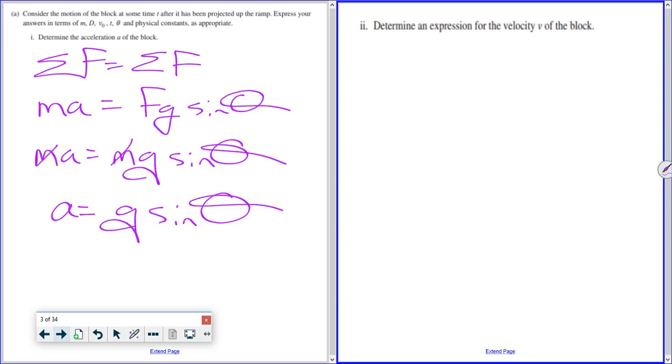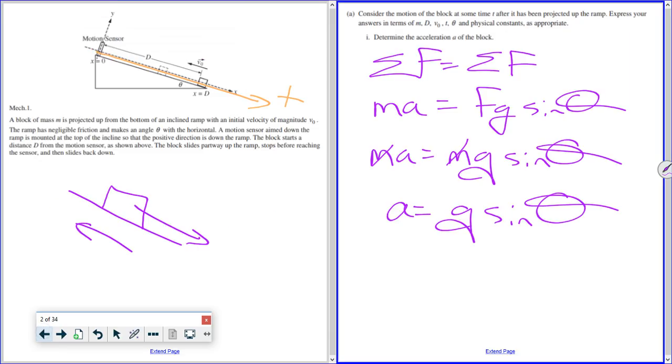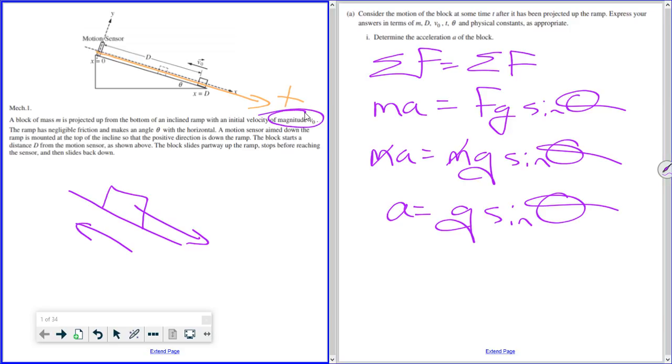All right. Roman numeral 2, determine an expression for the velocity v of the block. So, what does it tell us here? It tells us it's projected up the ramp with initial velocity v naught, right? Notice that v naught is the magnitude of the initial velocity.